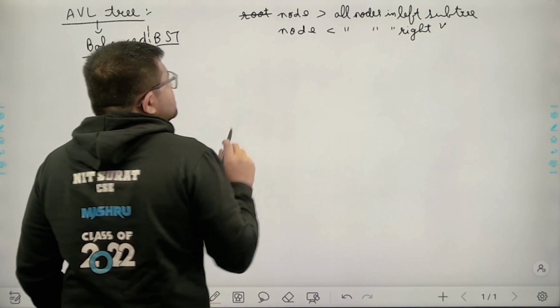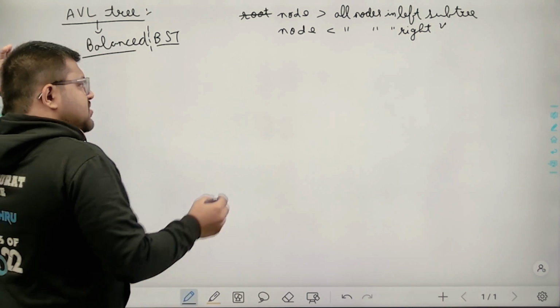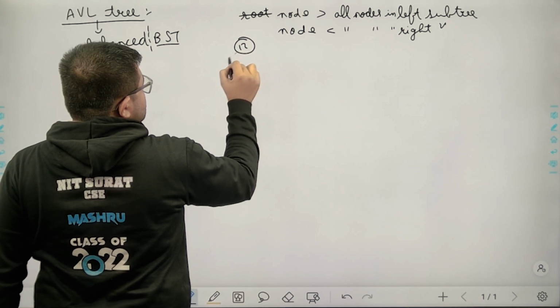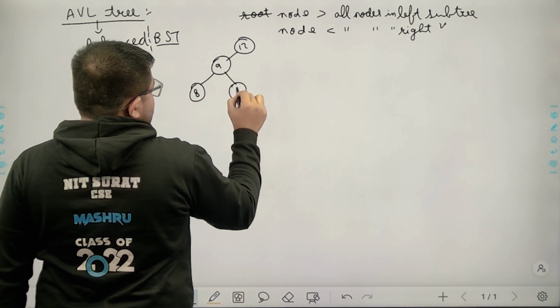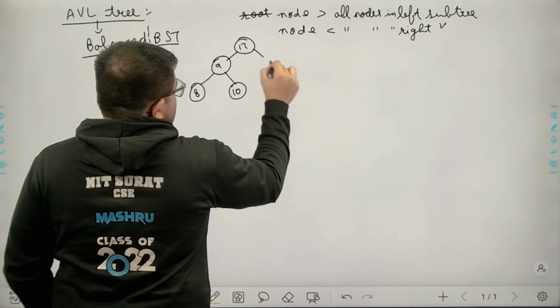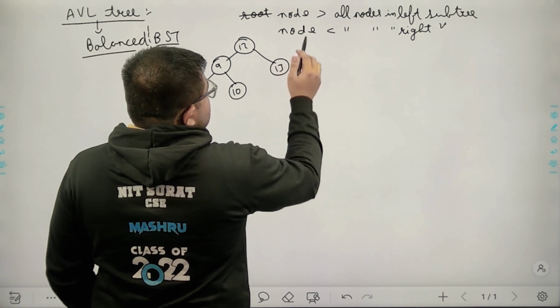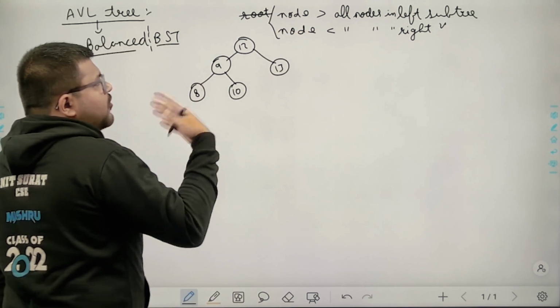So that is basically a binary search tree. Let's say this is 12, this is 9, this is 8, this is 10, and this is 13. This condition should hold true for all the nodes.